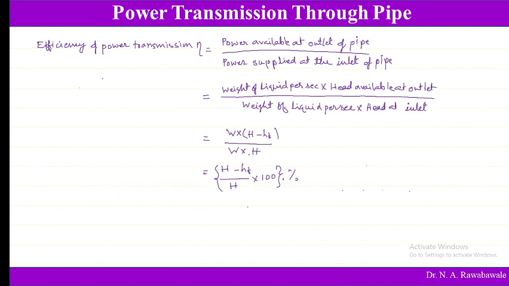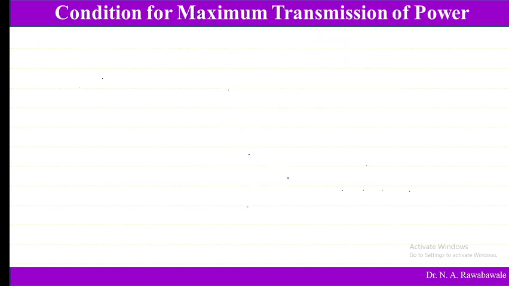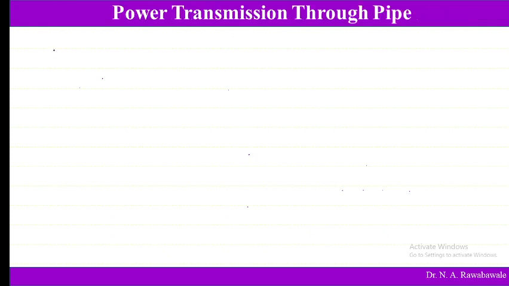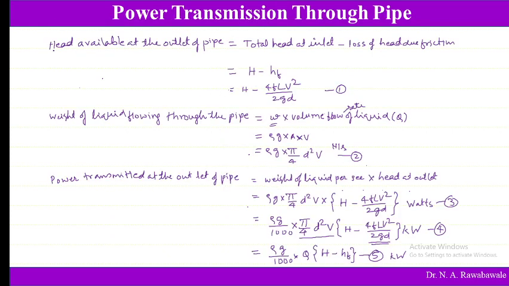Now let us see the condition for maximum transmission of power. The condition for maximum transmission of power can be obtained by differentiating power with respect to the velocity. So the condition is obtained by differentiating the equation for power that we have derived, equation number 4.